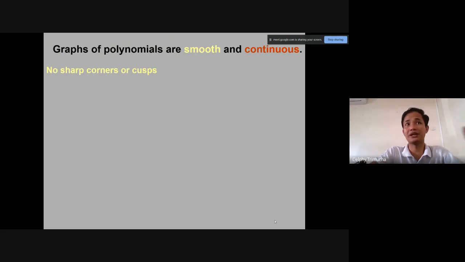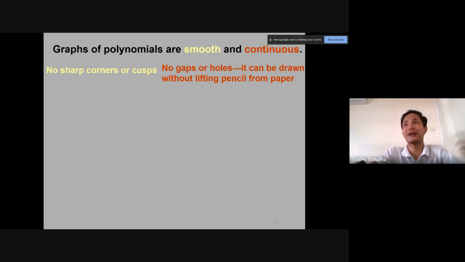Dapat number 1, wala kita sharp corners, wala kita cusps. Next, wala kita gaps, wala man kita holes. So, but siningon kung mag-drawing kita, for example, sa papel, so pwede mo siya mag-draw without lifting your pencil from a paper.